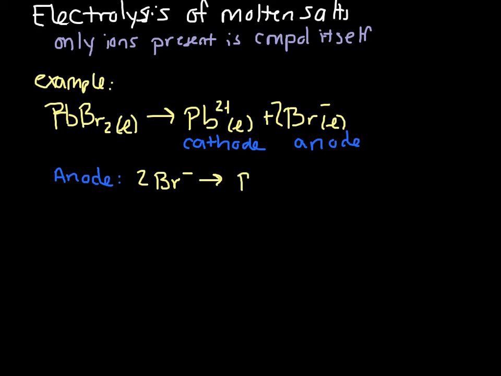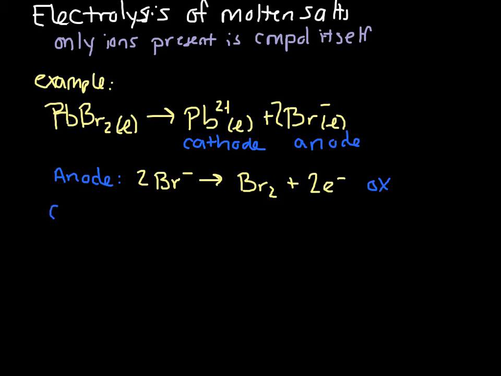In our standard state, bromine is a diatomic molecule, so Br2. And it is going to be releasing 2 electrons, 1 per bromide. And this is representing our oxidation.